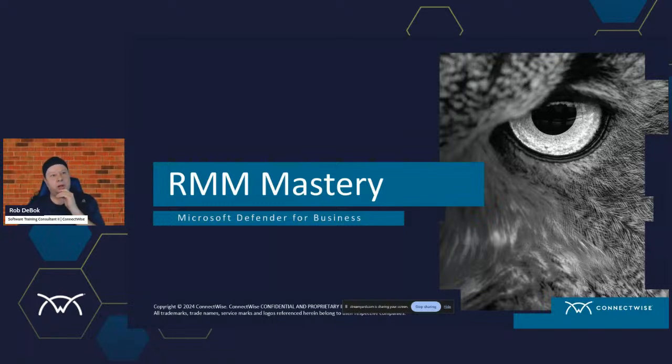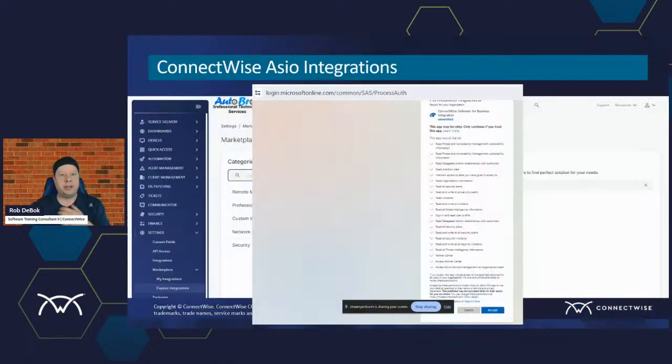So today I want to go over the Microsoft Defender integration for RMM and ASIO and why it really matters for anyone using the RMM packages, right? So to begin, as any RMM user, you should be familiar with the integrations that are available to you in ASIO. These various integrations can help with various tasks across RMM and across the IT help desks, or even just reporting from other products you may be using, right?